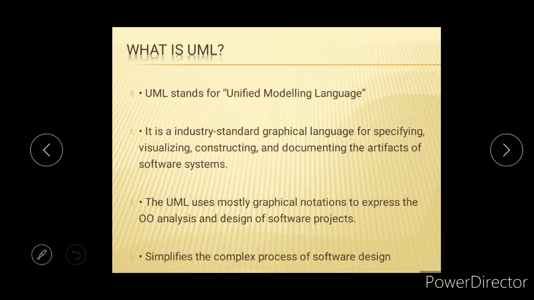It is industry standard graphical language for specifying, visualizing, constructing and documenting the artifacts of the software systems. The UML uses mostly graphical notations to express the object-oriented analysis and design of the software projects, and it simplifies the complex process of software design.